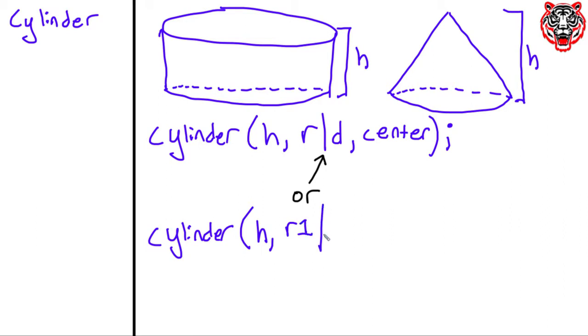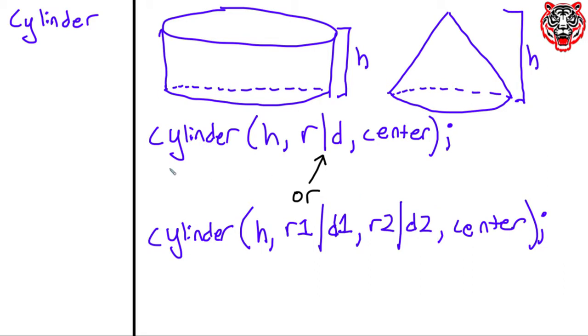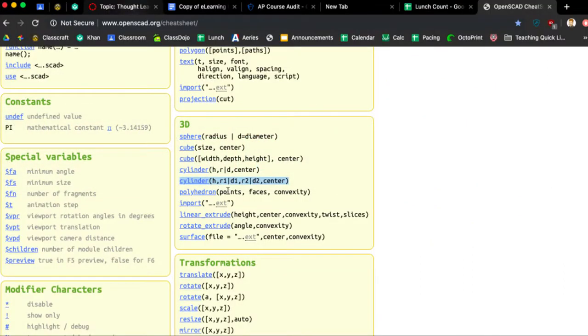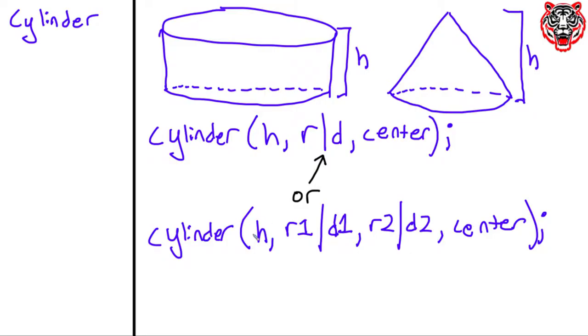R1 or D1, comma, R2 or D2, comma, center. And I can't spell center. And then we always need to end that with a semicolon. And again, I can check that by going to the cheat sheet, and I did that correctly. Whew, I'm not teaching you wrong information. That would be really bad.